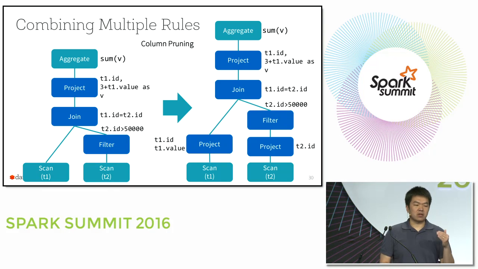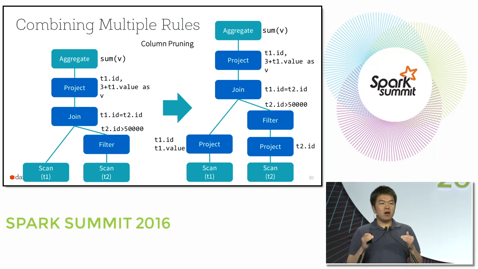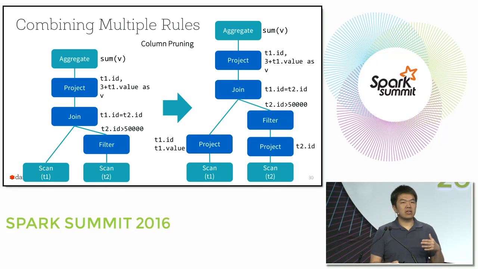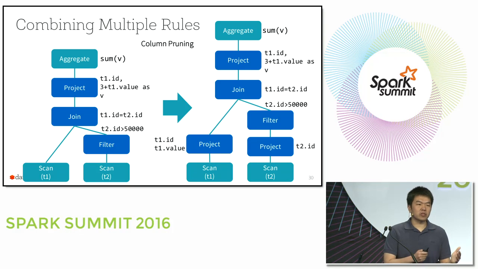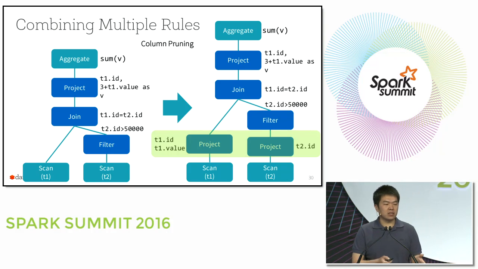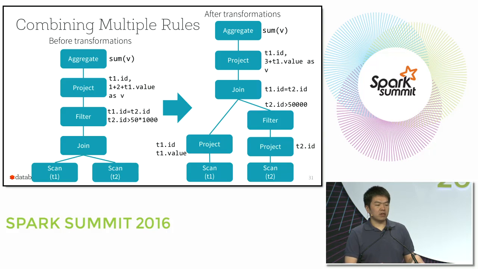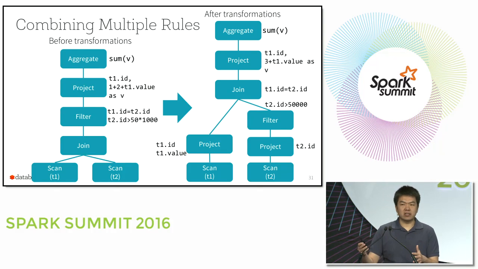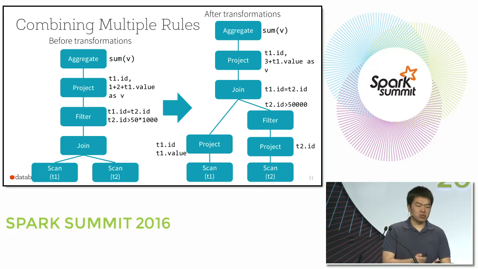So now we use a column pruning rule that specifically adds a project on top of the scan node that gives us only the needed columns. This is pretty cool. We put all of these three rules together, and we make a change to the query plan tree that cannot be done by a single rule.